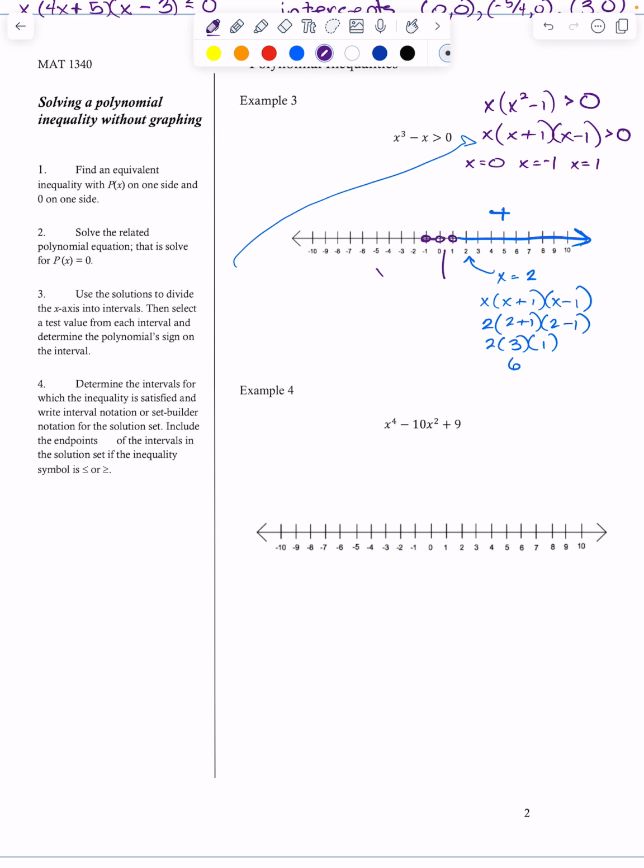Okay, let's try x equals positive 1/2. Now, because I'm using the fractions, this part's positive, this part's positive, and this part's going to be negative. I got a positive times a positive times a negative. It's negative in this little interval. Okay.